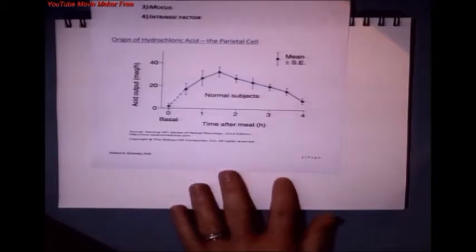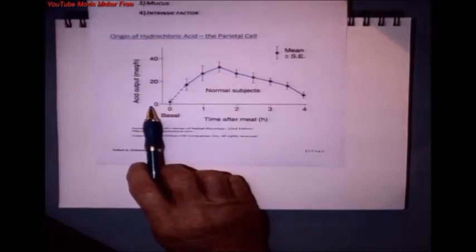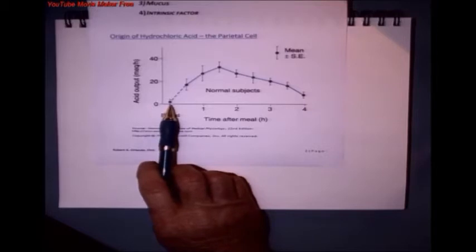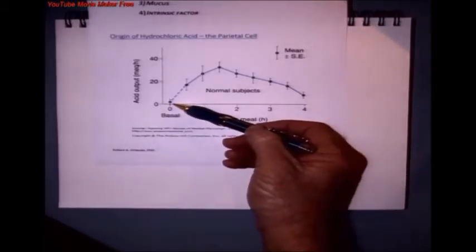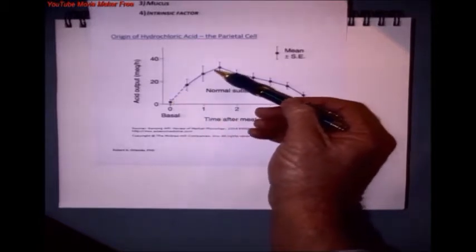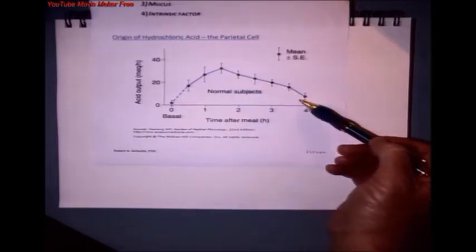So if we look at some experimental data and look at acid output, what we see is that under basal conditions, before we eat a meal, there's very little acid being produced and secreted into the lumen of the stomach. Then, upon a mealtime, if you measure the acid output into the stomach, you see it rises over the course of about an hour and a half and then slowly decreases.